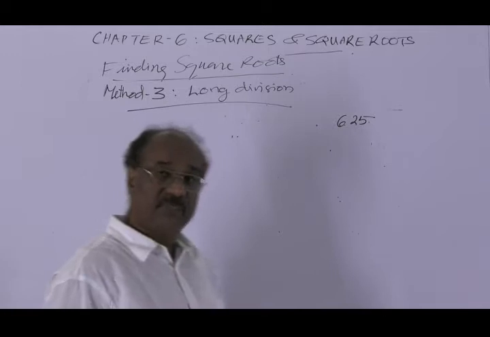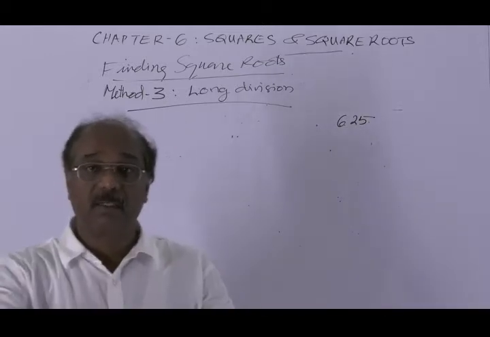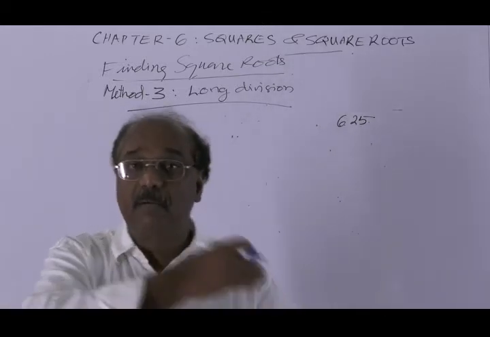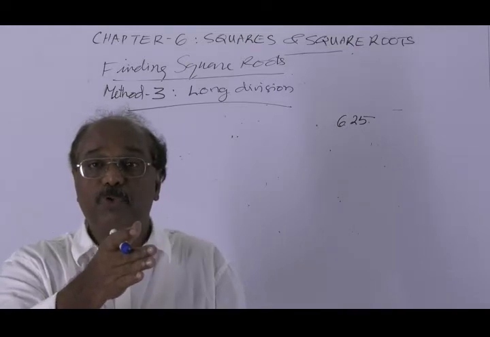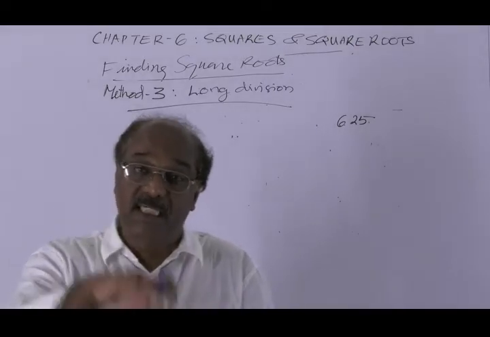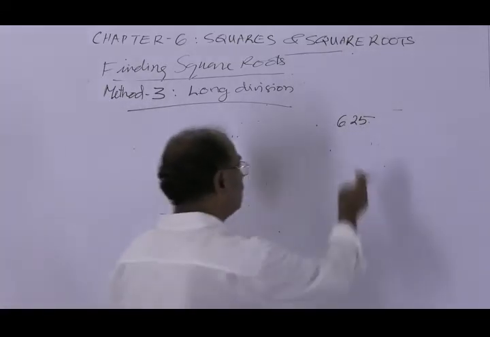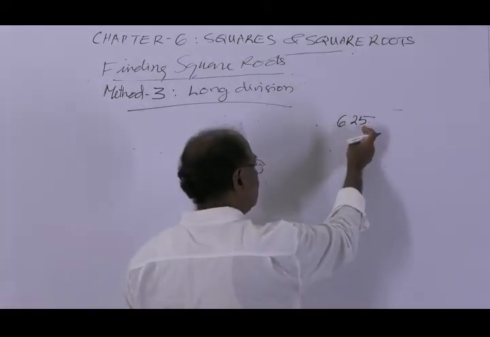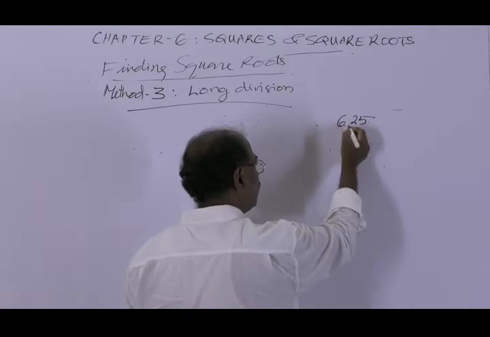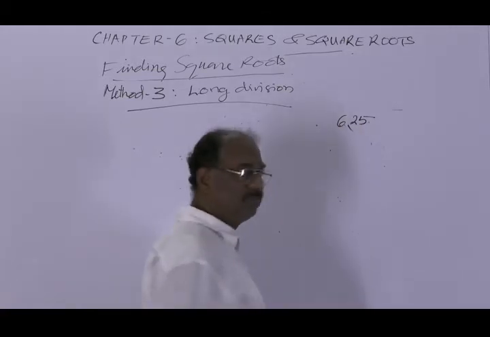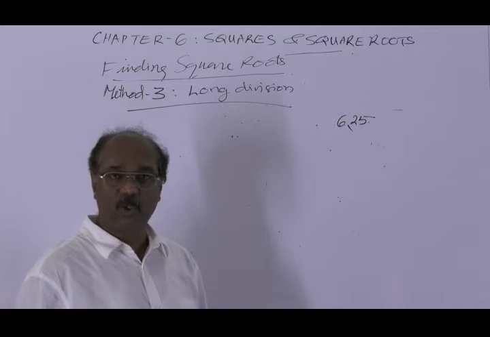Then, first what we do is, we divide the given number into groups of 2 digits from the right, from the units place. So here, unit place 5, then next 2, so a pair of 2 digits, 25, is one group.